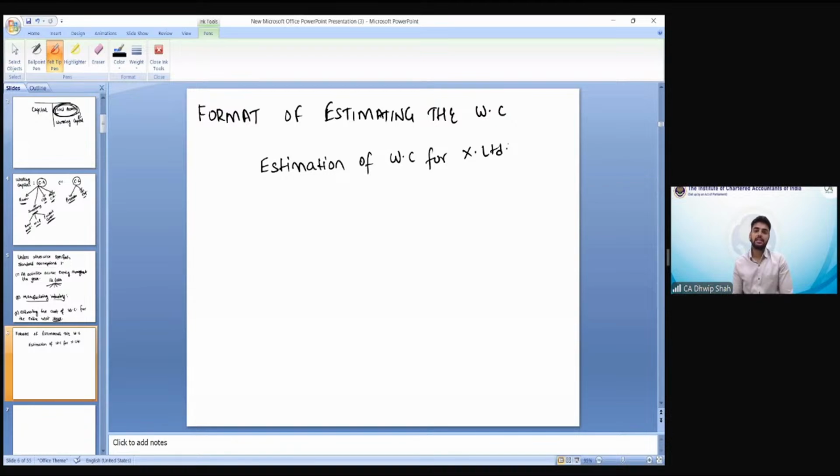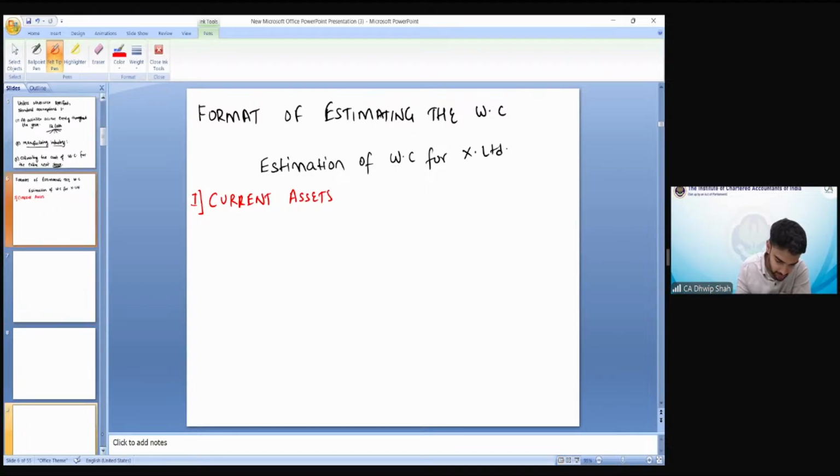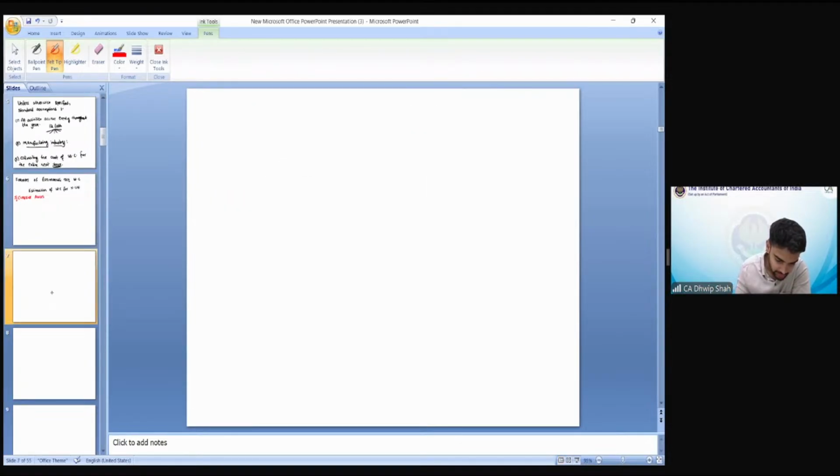As I told you, working capital is very simple. It is nothing but current assets less current liabilities. So first heading would be current assets. Less current liabilities.